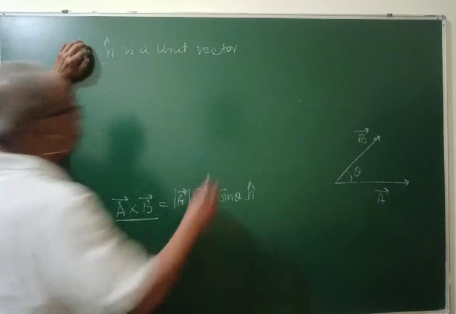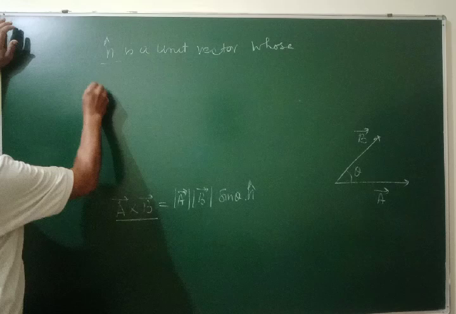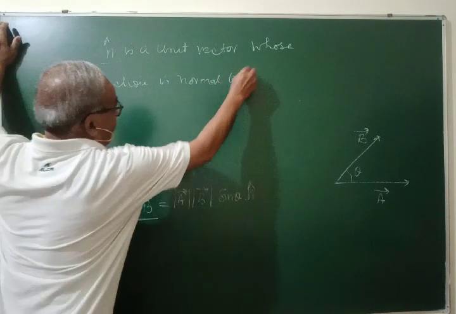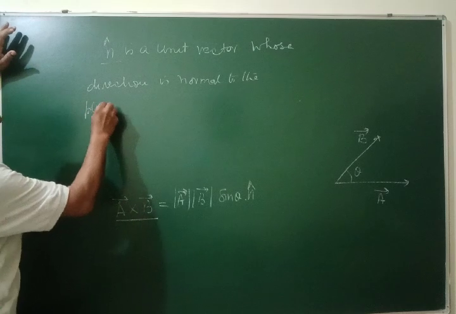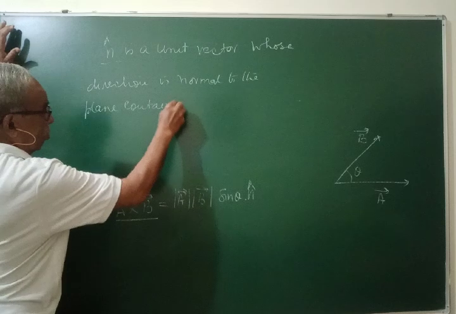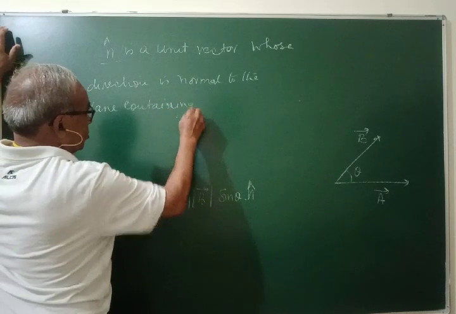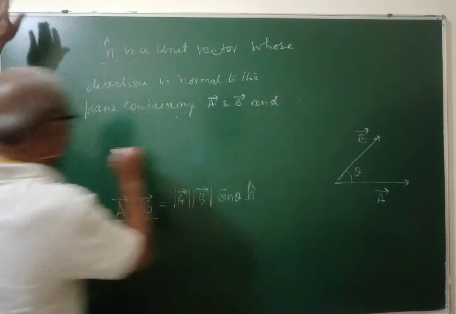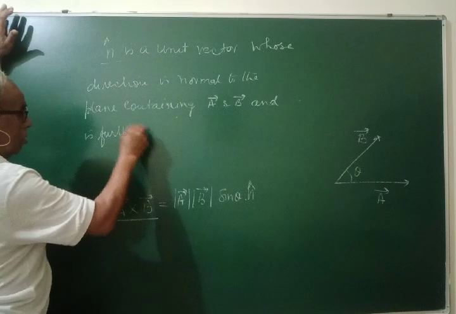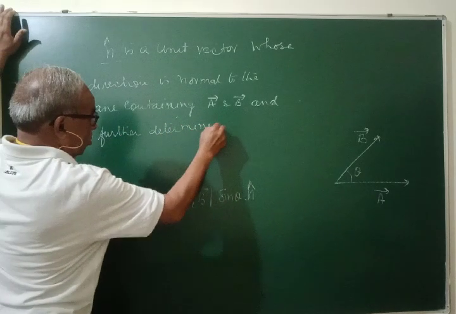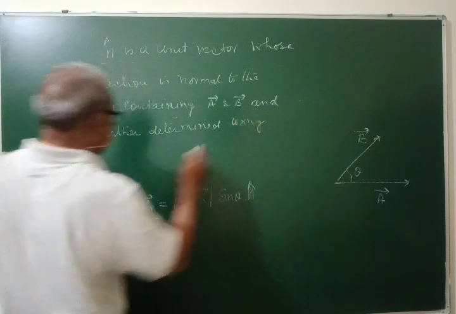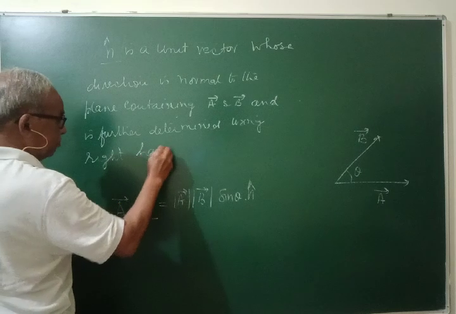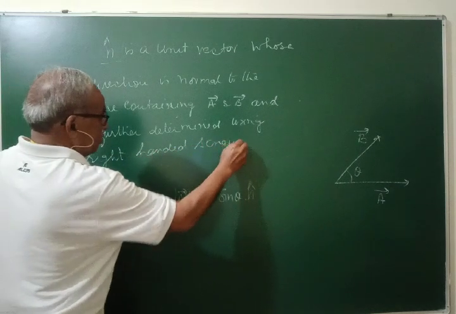So here n cap is a unit vector whose direction is normal to the plane containing vector A and vector B, and is further determined using the right-handed screw rule.